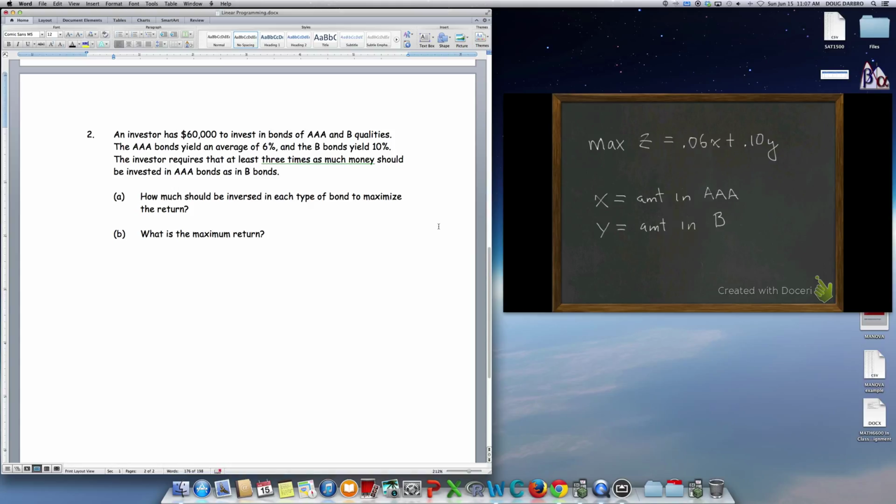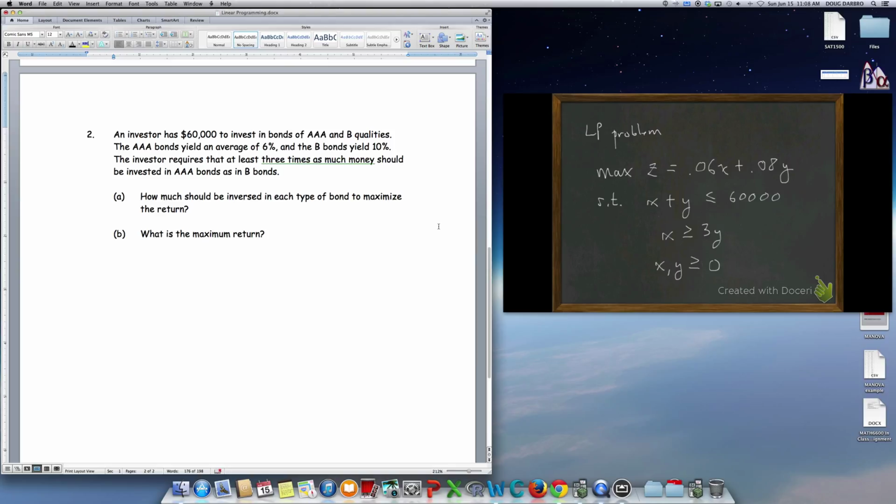So our linear programming problem is to maximize z equal 0.06x plus 0.08y, subject to x plus y less than or equal to $60,000, and I think it was x greater than or equal to 3y, and both quantities have to be positive.